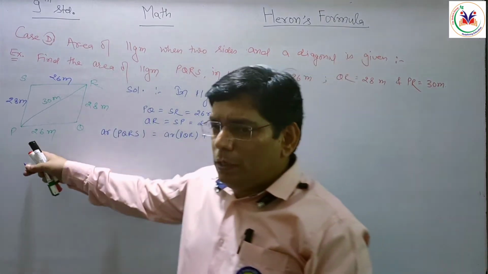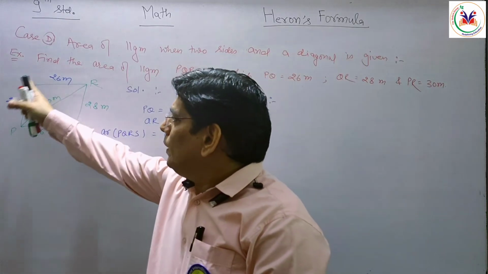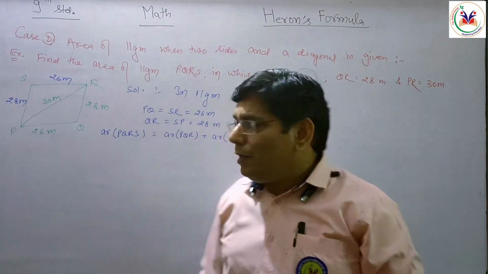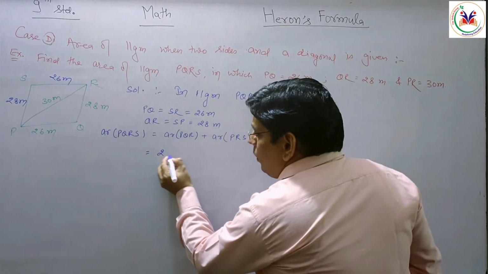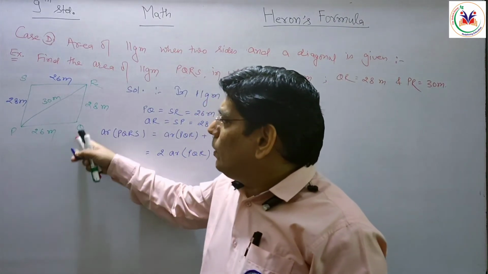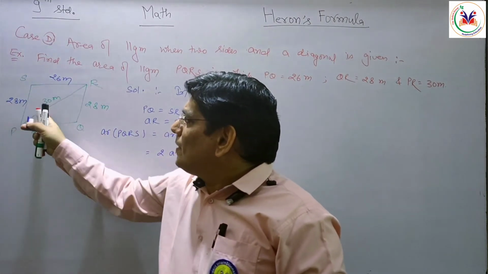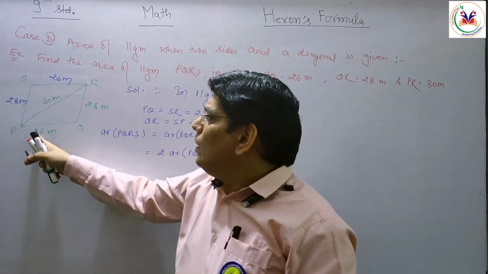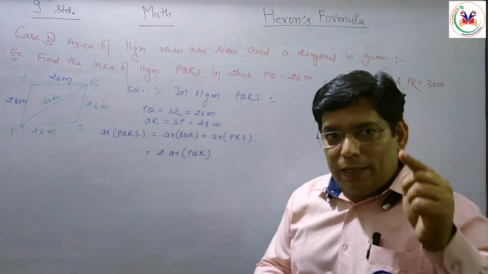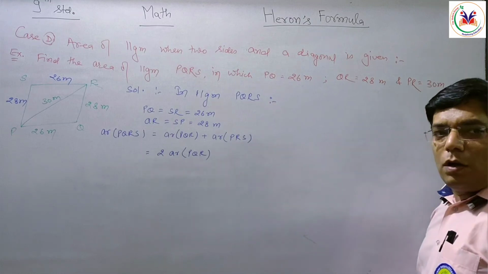And if you go through PQR and PRS, don't you think their measurements are 26, 28, 30, 26, 28, 30? Both triangles have the same measurement, so we can say 2 into area of PQR, because the area of PQR will be the same as the area of PRS. So what should we do? We calculate the area only once and multiply it by 2, so we can get the area of parallelogram.